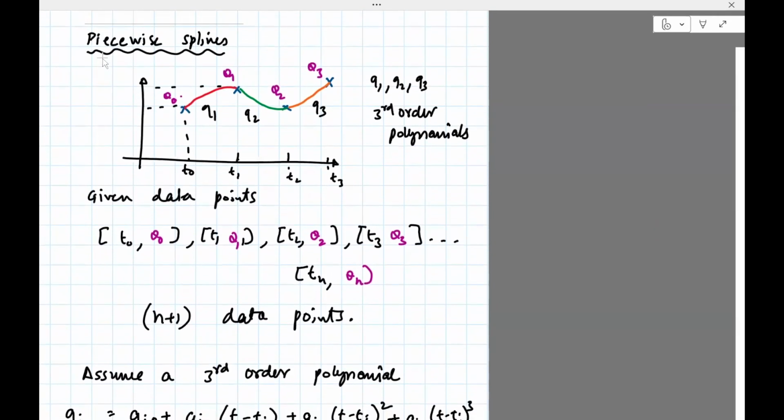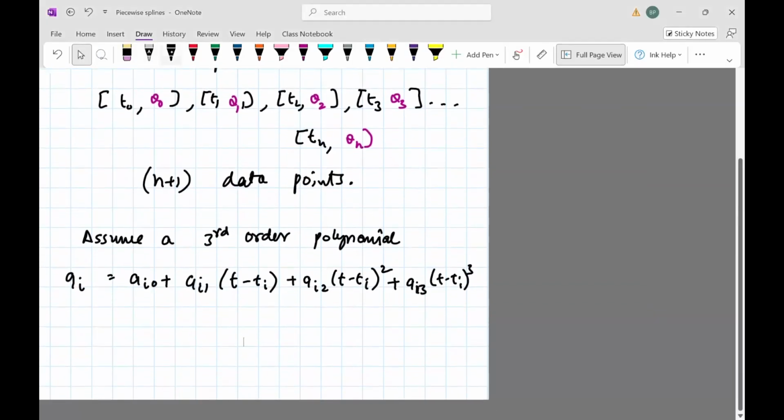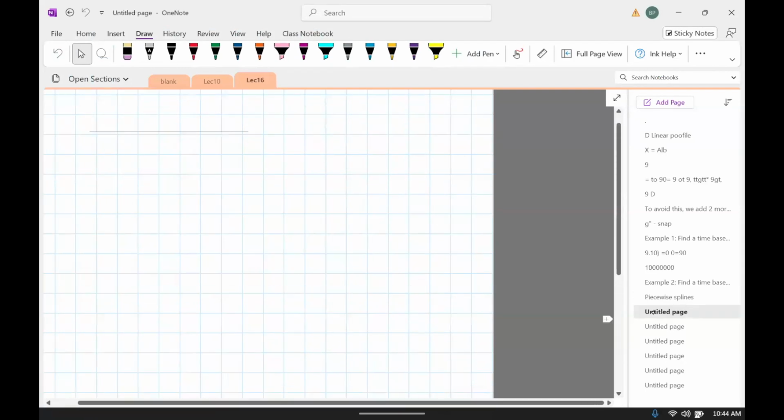Remember, there's q1, q2, and so on till qn. Now let me walk through the fundamentals of the number of constants which will come from this, how this is set up. We'll not set it up, but I'll give you the idea of how you actually go about finding these constants. Let's say we take one more.